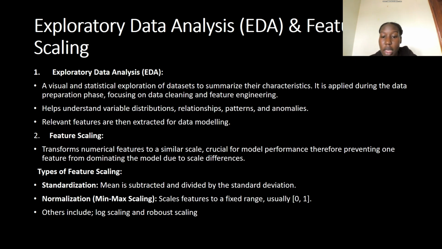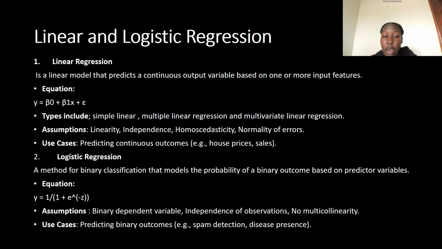Moving on to linear and logistic regression. Linear regression is a linear model that predicts a continuous output variable based on one or more input features. The equation can be expressed as y equals beta 0 plus beta 1 x plus epsilon.